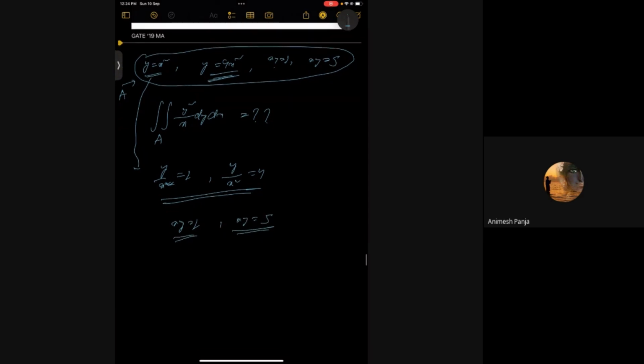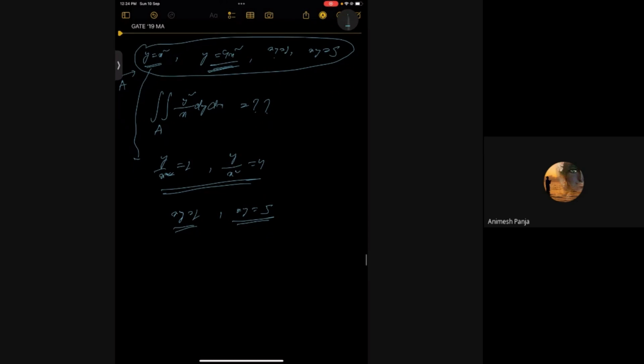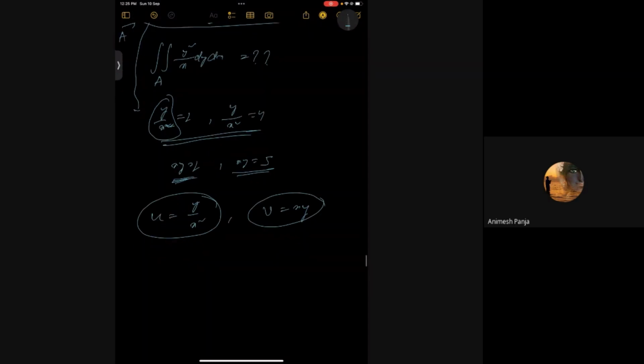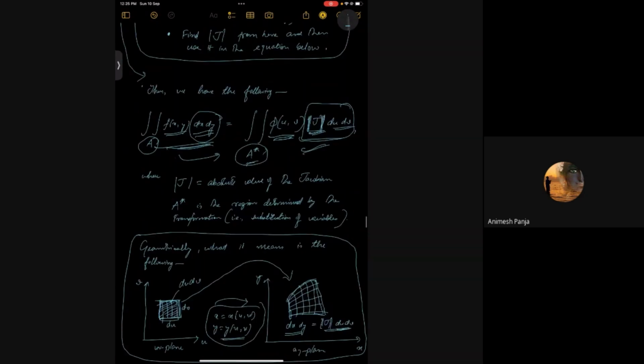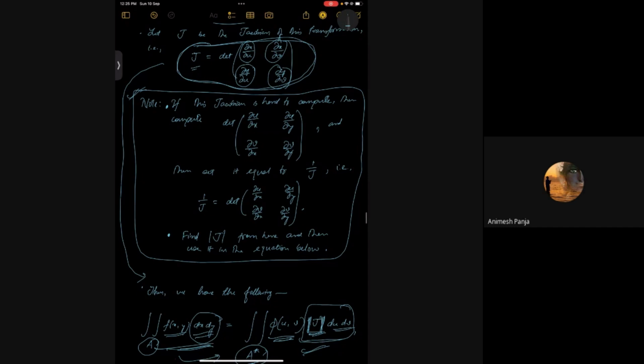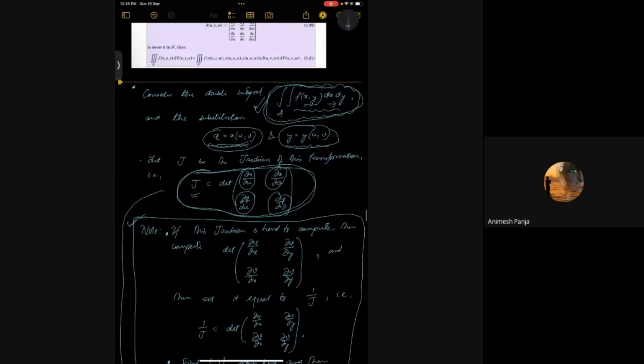Right? So we can choose our variables u to be y by x squared, and v to be xy. Usually, the theory was that when you use such a substitution, x is a function of u, v, y is a function of u, v, and you find del x del u, del x del v, like this.